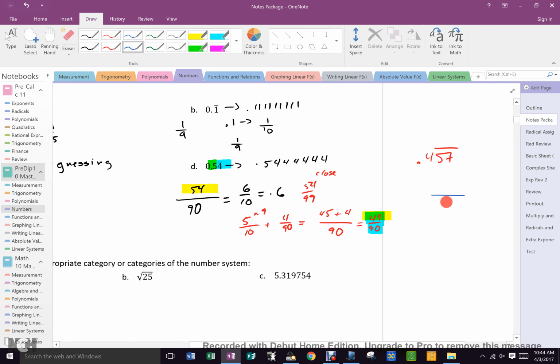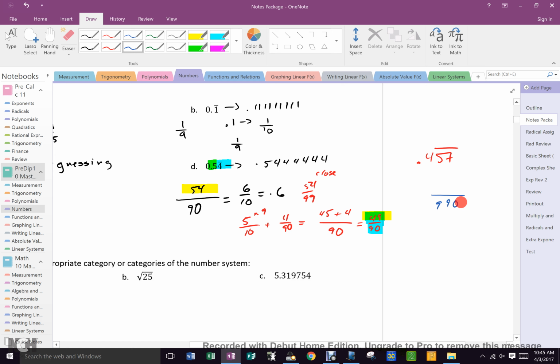What would the denominator be? Can it be just 9? No, why? 3 decimals. So it has to have 3 numbers down here. Can it be 900? 0.54, the 4 repeated, so it was 90. Now I have 0.457. How many are repeating? So it must be 990.